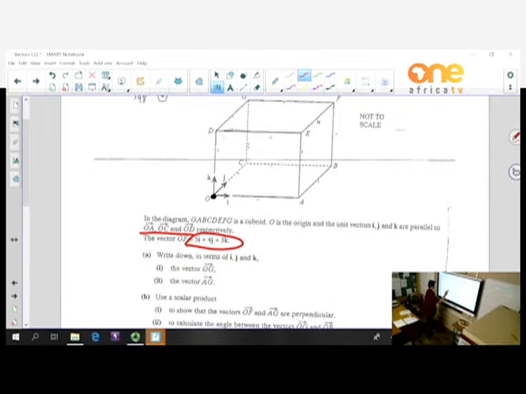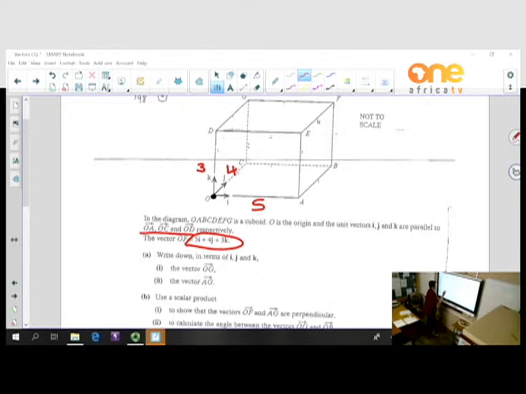So that means this is the movement here, 5I. Then 4J, so that length will be 4J, and 3K. So those are the dimensions that we have here. Write down as a base vector OG.